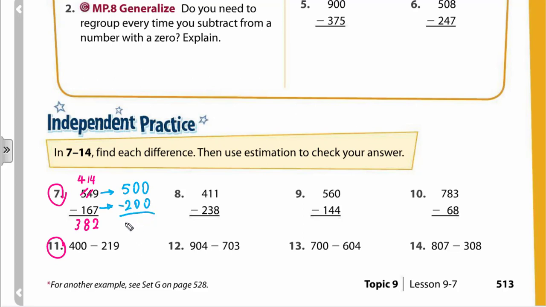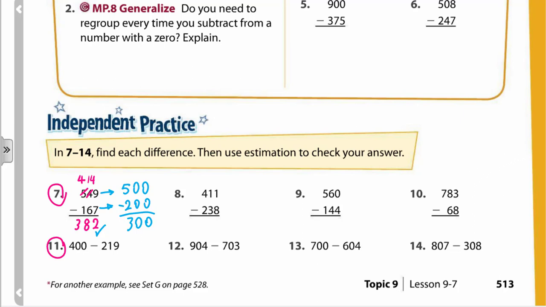Subtract, it will be 300. Okay, the answer is reasonable. It's not far away from 300. Okay, thank you, my hero.